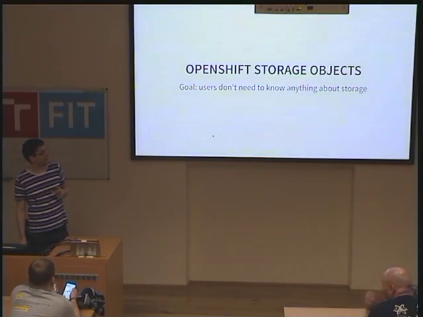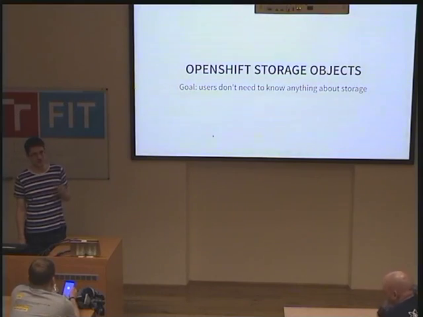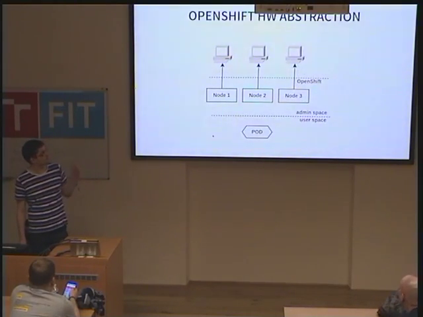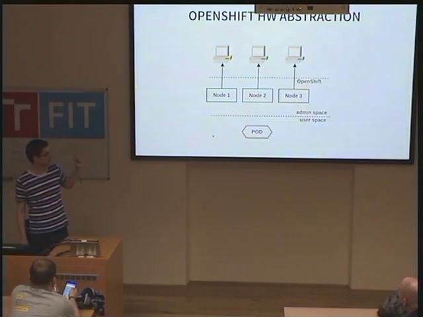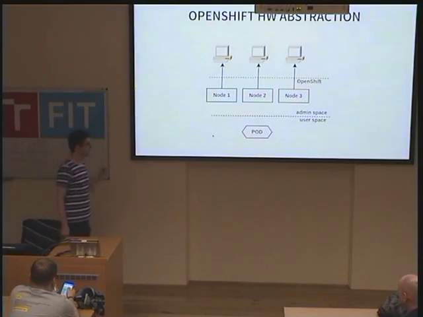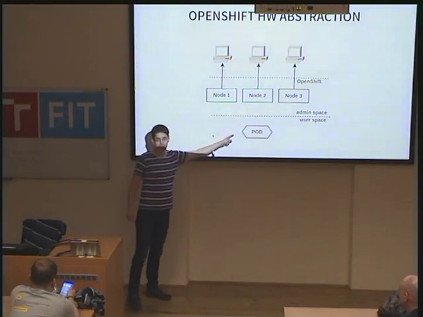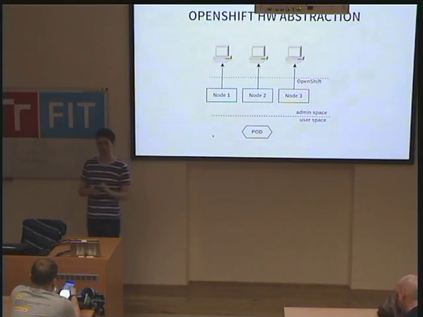So as I said, we don't want the users to know details about the storage. Before I start talking about the objects we have for persistent storage, I have some analogy in OpenShift. Everybody uses this every time. In OpenShift, if you start the pod, it is basically a request to compute something.